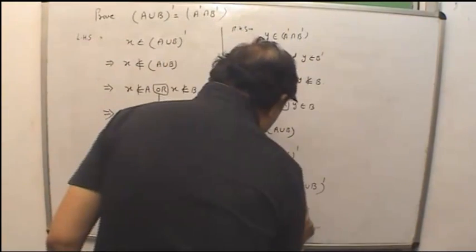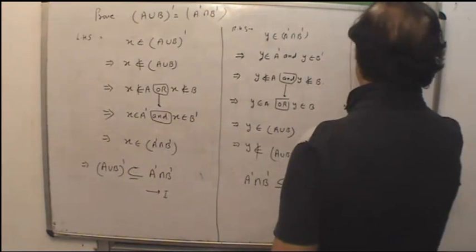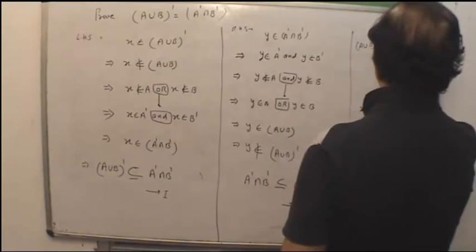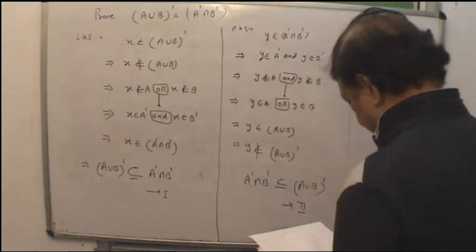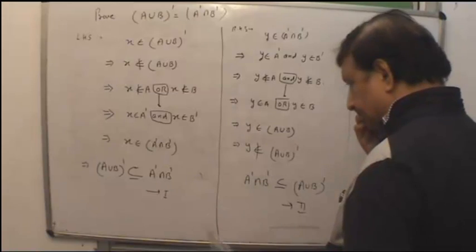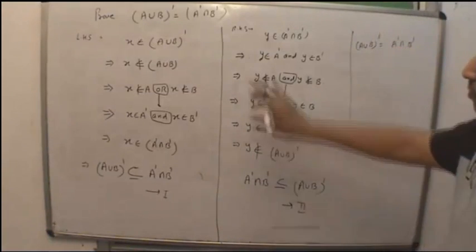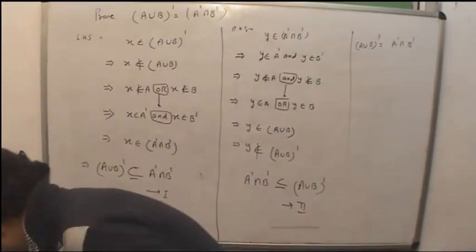Then from 1 and 2, if we combine them, we say the result: A union B complement is equal to A complement intersection B complement. That is the proof of De Morgan's law. In the same manner, we can prove the other results.